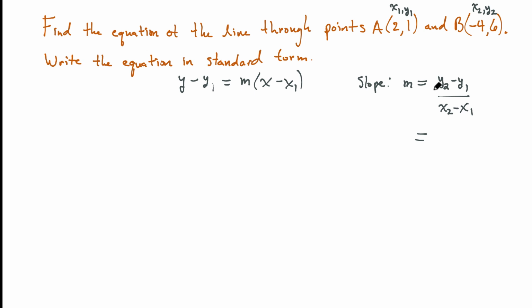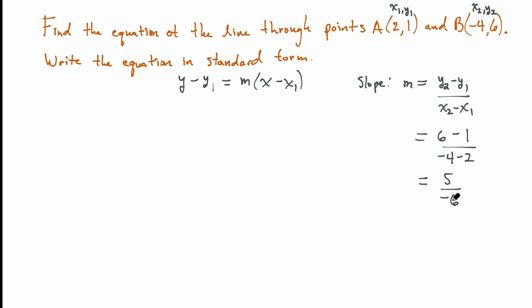So substituting our points into the formula for slope, we have that m would be equal to 6 minus 1 over -4 minus 2, which is equal to 5 over -6.